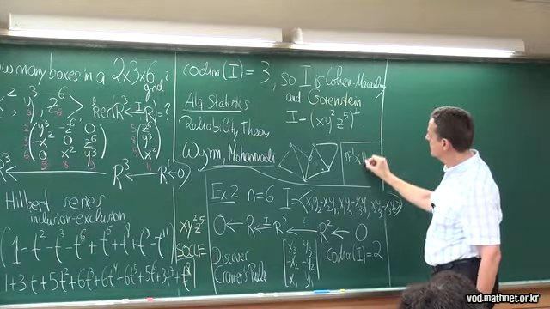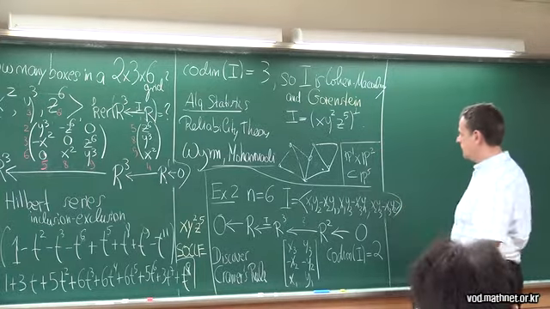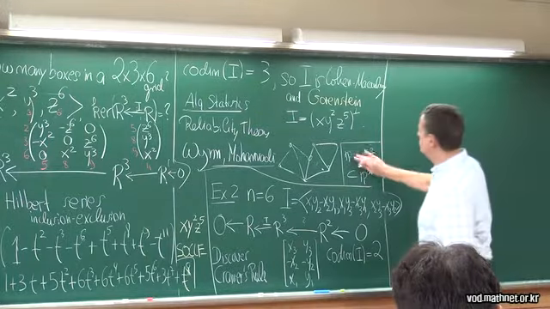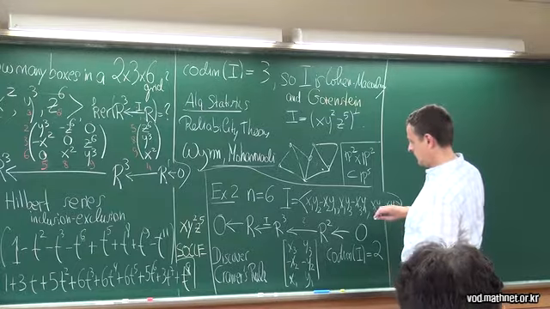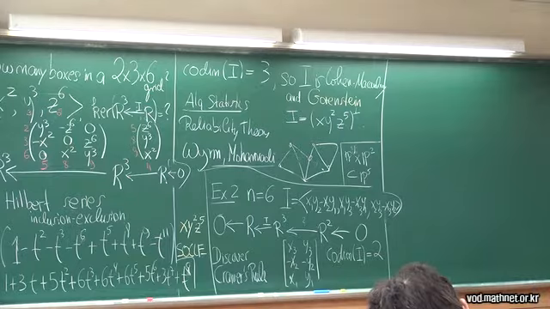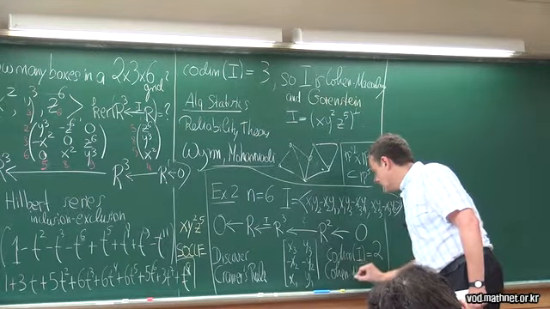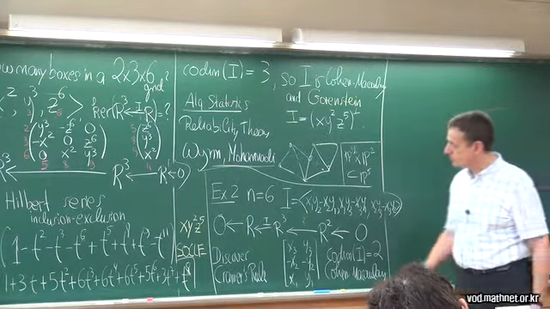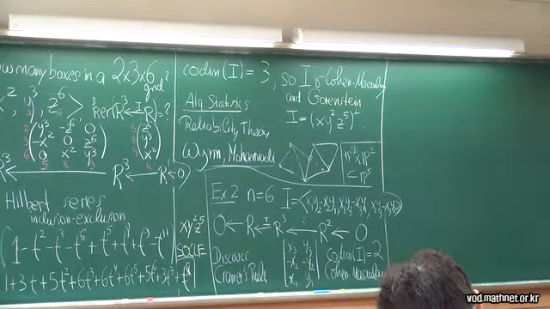This is P1 times P2 in P5. This is the Segre embedding, so this is codimension 2, and so this is also Cohen-Macaulay, because the length of the resolution is 2. So our first 2 examples are Cohen-Macaulay ideals.